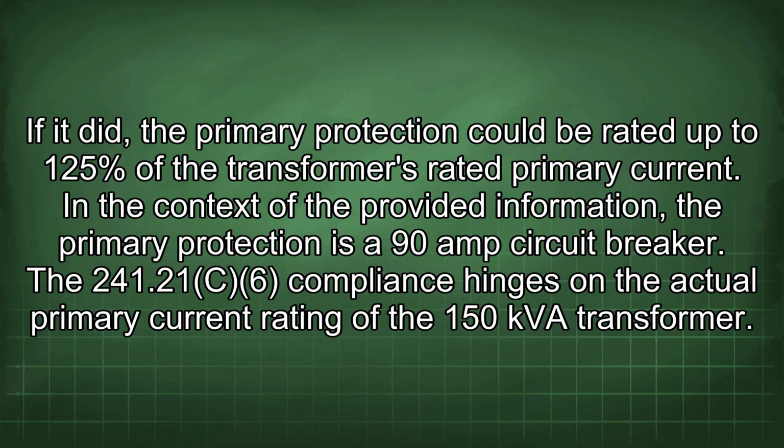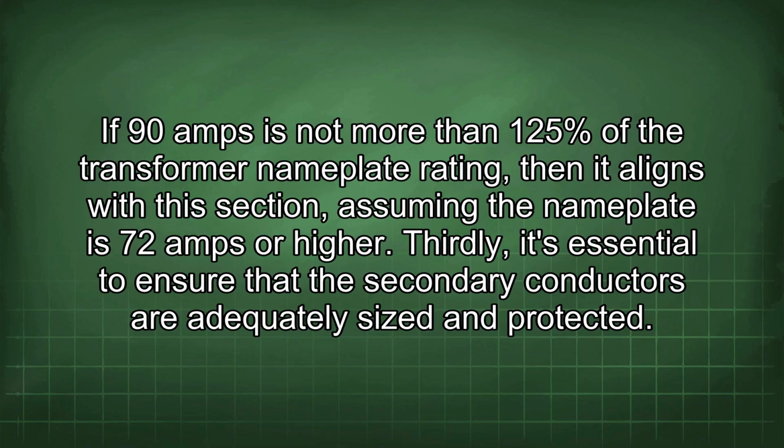In the context of the provided information, the primary protection is a 90 amp circuit breaker. 241.21(C)(6) compliance hinges on the actual primary current rating of the 150 kVA transformer. If 90 amps is not more than 125% of the transformer nameplate rating, then it aligns with this section, assuming the nameplate is 72 amps or higher.